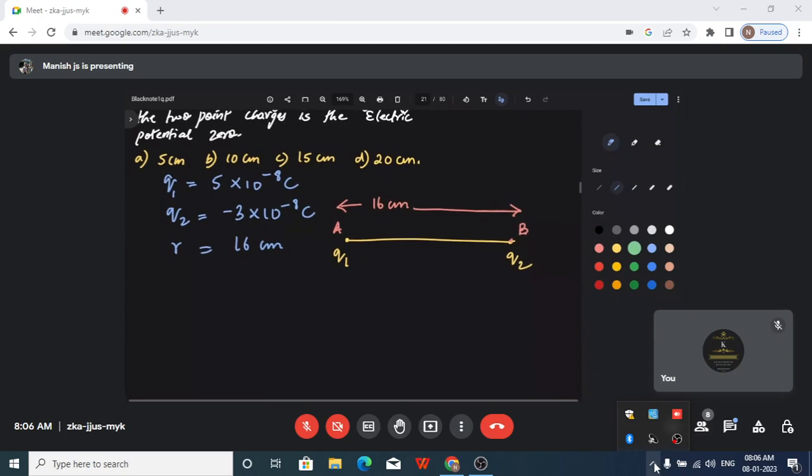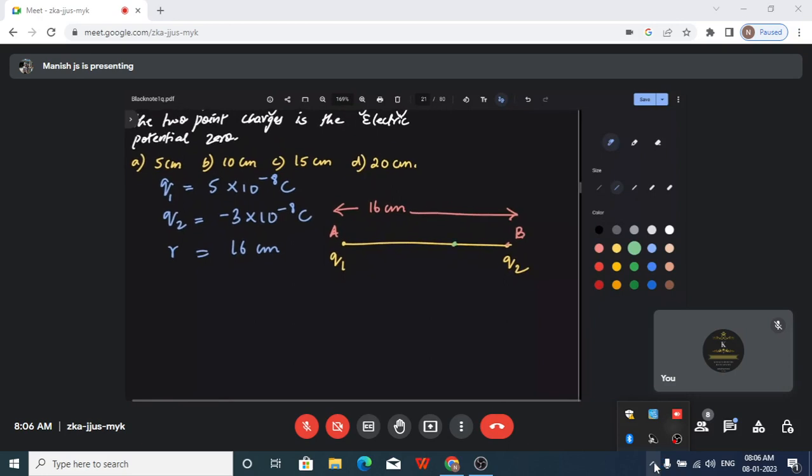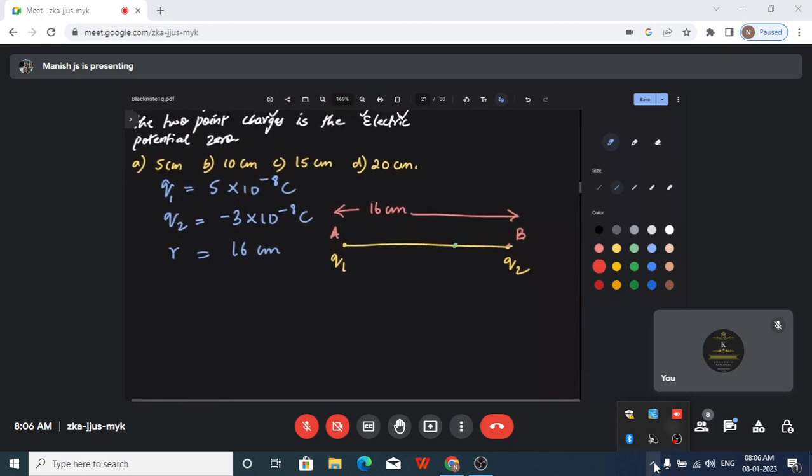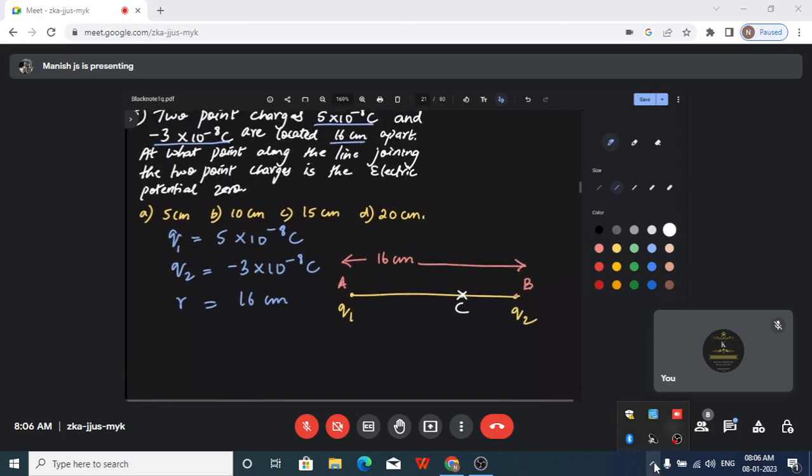It means there is some point between A and B, and at that point the electric potential is zero. So that is the point we have to find. That point need not necessarily be the midpoint. So I take a random point and name that point as point C. Assume that at this point C the electric potential is going to be zero. Not the electric field, the electric potential.